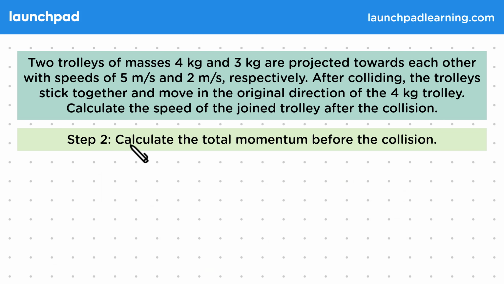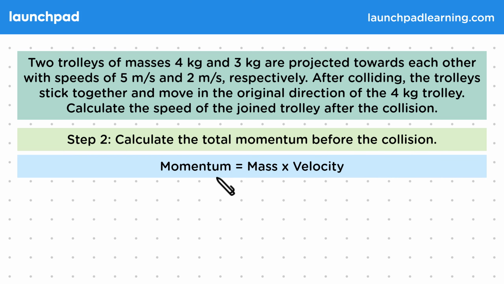Then in step 2, calculate the total momentum before the collision. To do this, we'll be using the equation that momentum equals mass multiplied by velocity. Then the total momentum will be the sum of the two individual momenta of the trolleys.